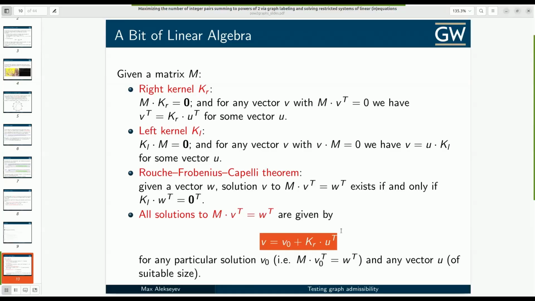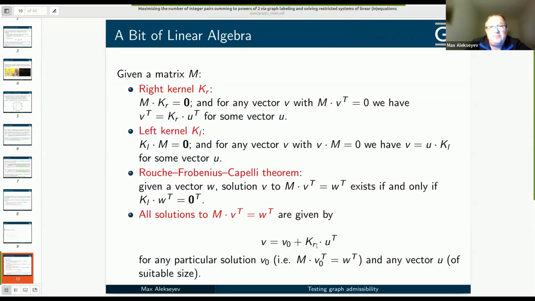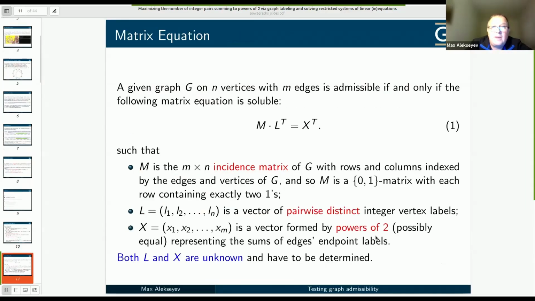We take any particular solution, which I denoted V sub 0, and add linear combinations of columns of the right kernel to it, and we can get any solution to our equation. Okay, with this background in mind, let us now take a look at our problem.